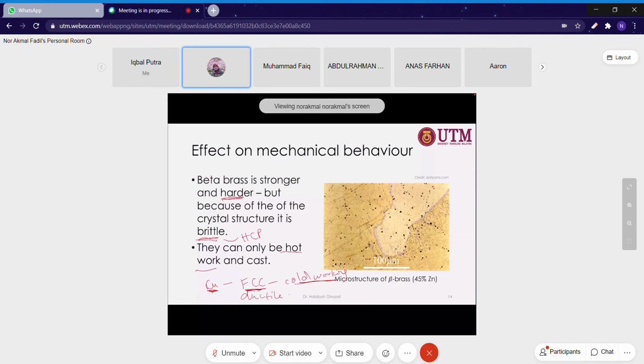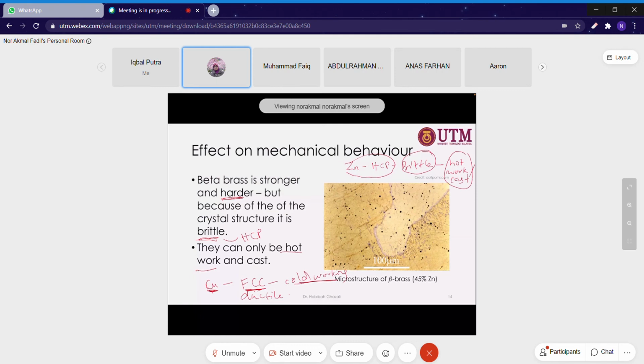If you have an element of zinc which has an HCP structure, it is brittle. So the process is only hot work or cast. So it's interrelated. Whatever the elements, microstructure relates to properties and relates to the process.